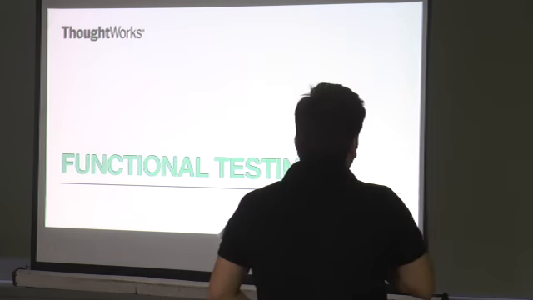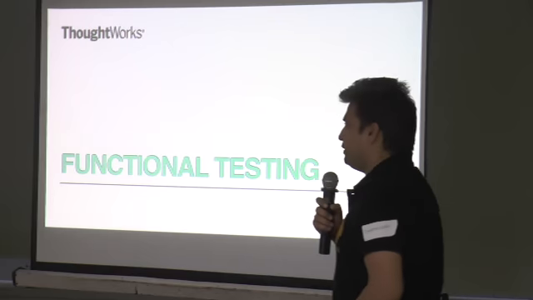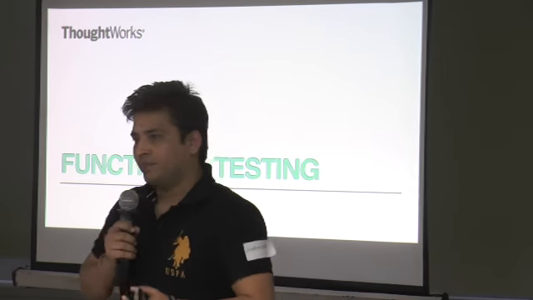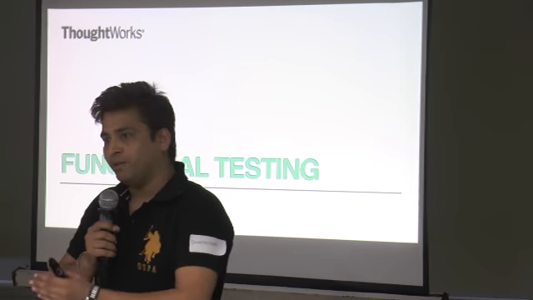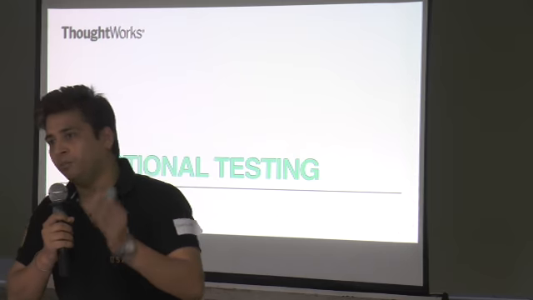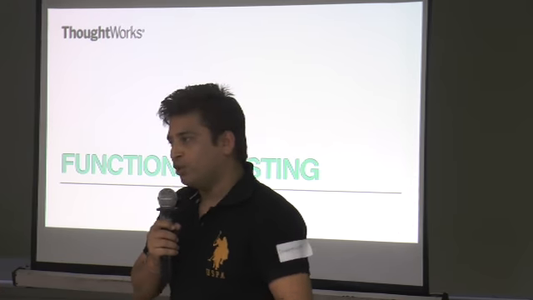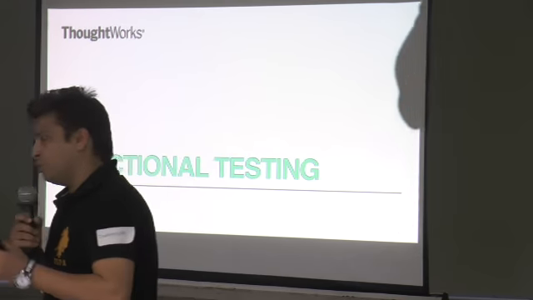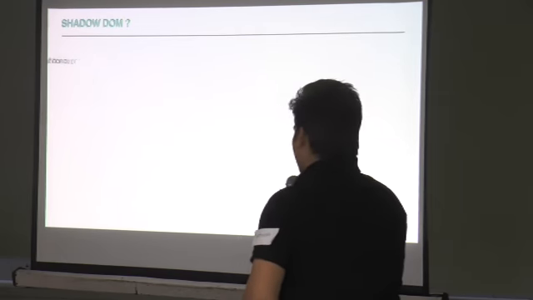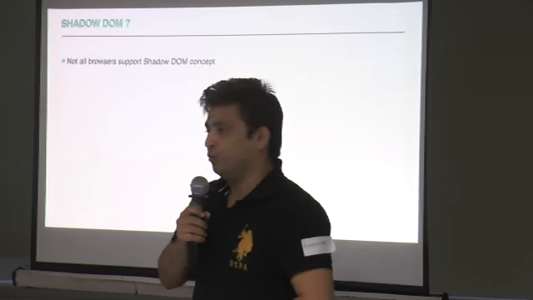So there's a catch, a challenge that you see with the shadow DOM. Shadow DOM is the culprit over here. As I said, shadow DOM is a separate DOM structure which is not dependent on the parent DOM structure. So you cannot directly use your query selector all to access the elements which are residing under the shadow DOM.